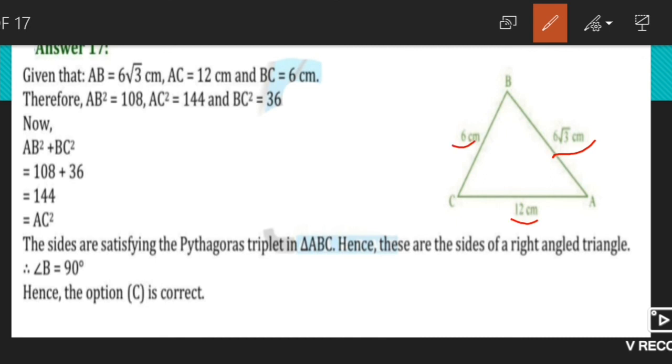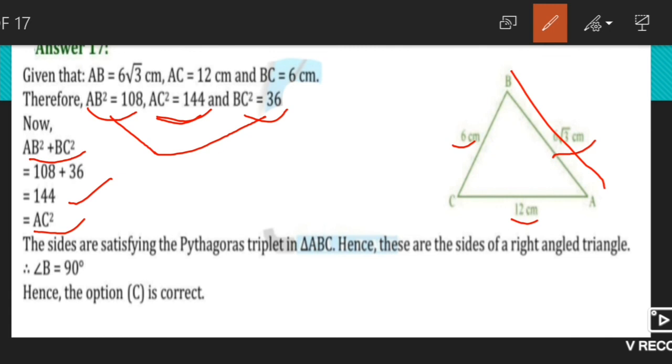If you do the square of AB, you will get 108, AC square is 144, BC square is 36. If you add AB square and BC square, it will be 108 plus 36, that is 144, which is equal to AC square. That means AB square plus BC square is equal to AC square, and AC is the longest side.